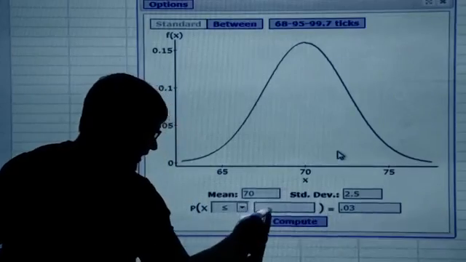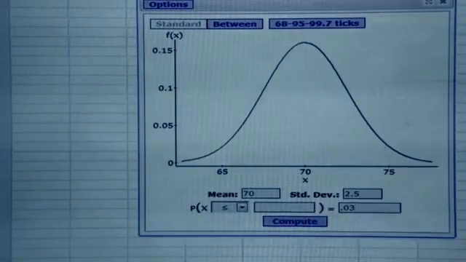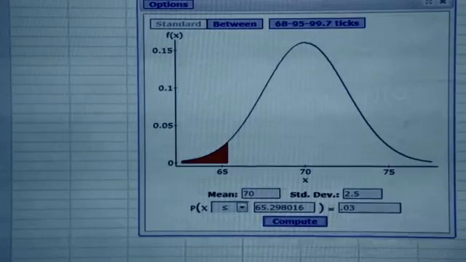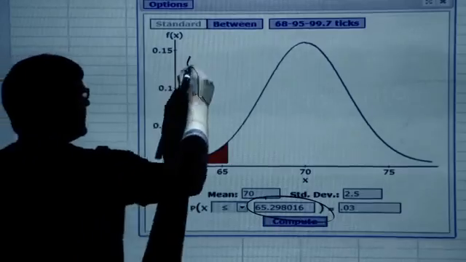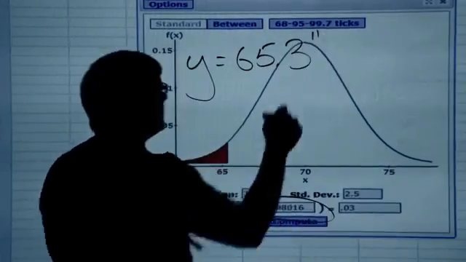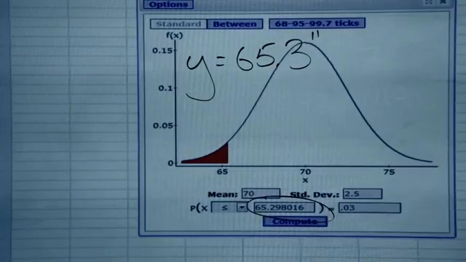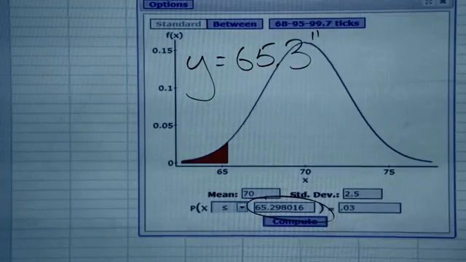Area to the left of what height is 0.03. Hit the compute button. And if you're a guy and you stand at about 65.3 inches, so that's about 5'5" and a little bit of change there. So if you're 5'5", according to this model, then you stand at the 3rd percentile. And 3% of guys are shorter than you, 97% of guys are taller than you, if that's where you stand.